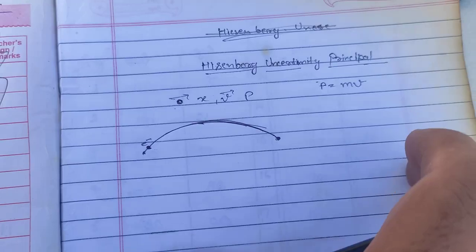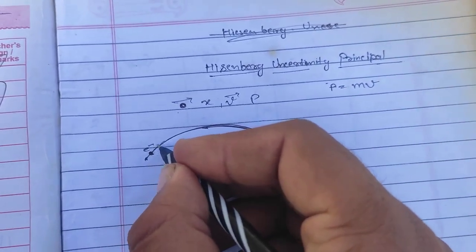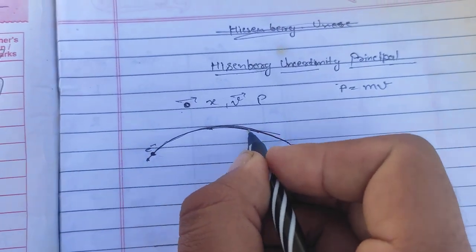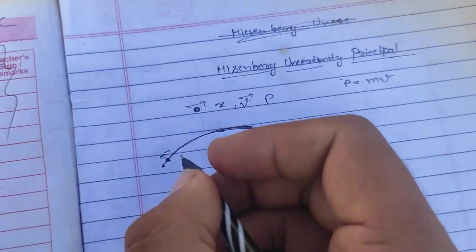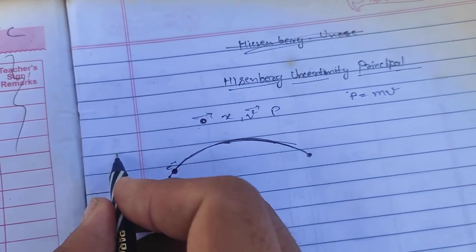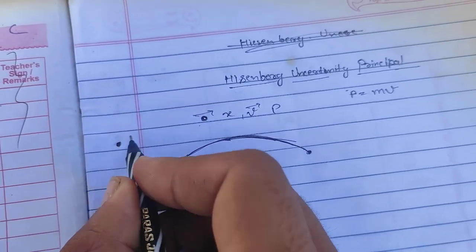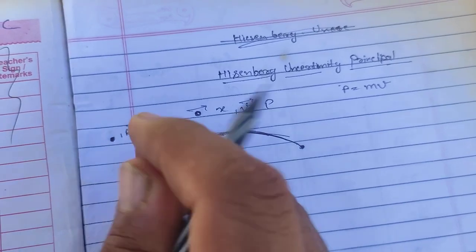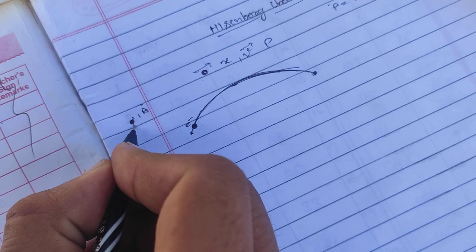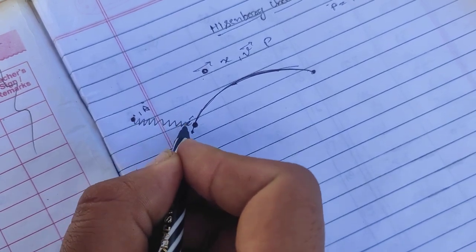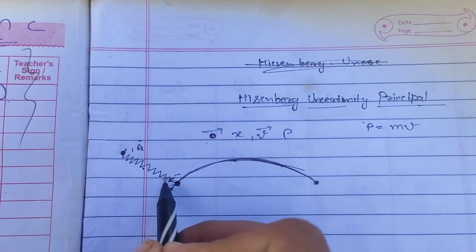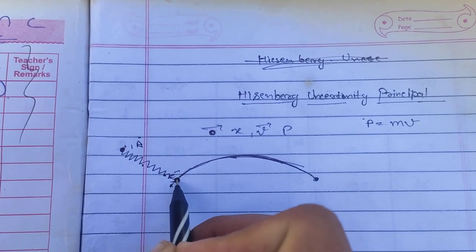The electron is moving along its route. Now a photon of wavelength 1 collides with this electron.